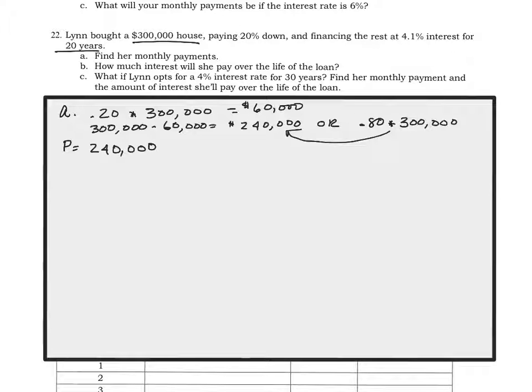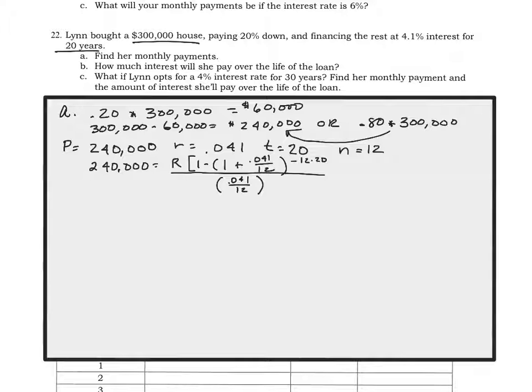Okay, so our rate is 4 1/10%, so there's our decimal equivalent, and our time is 20 years, and we are looking for monthly payments. Okay, so clearly this is a loan, so let's substitute our values into the appropriate variable.